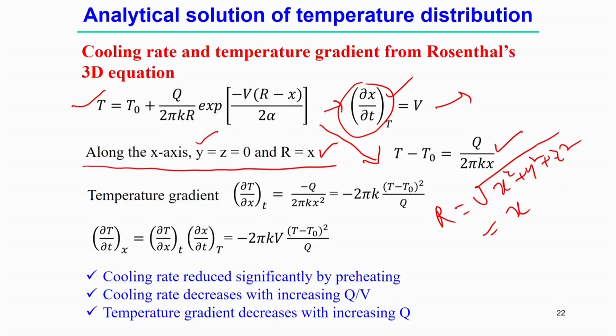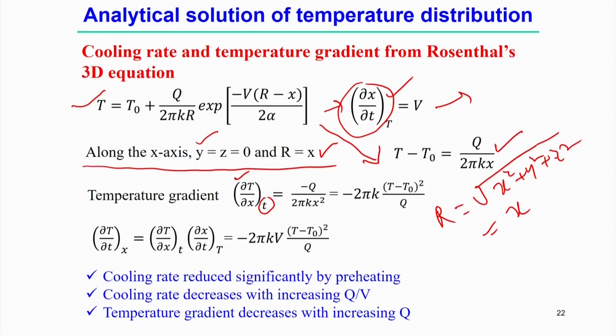Next we can find the temperature gradient. Temperature gradient basically represents the slope when we keep the variable time constant, and it is dou T by dou x, which represents the temperature gradient.